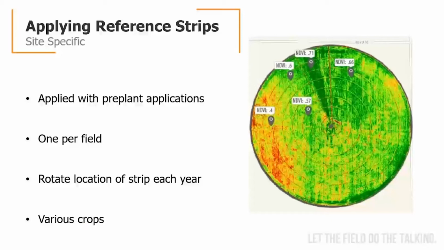This reference strip technology can be applied in various crops, like wheat, corn, cotton, or even other specialty crops. But this is a practical practice that can be scaled across your fertility management or other management practices and various crops as well.